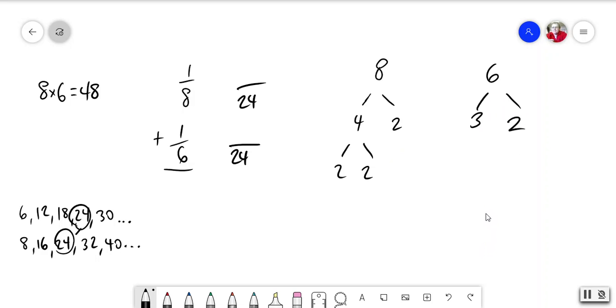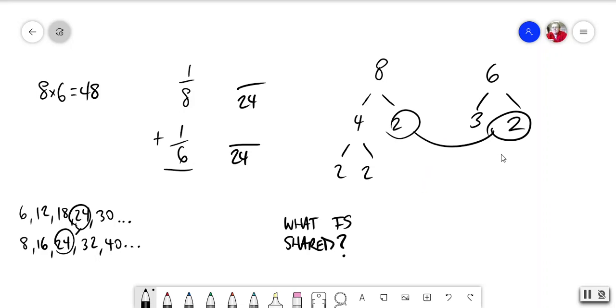Then we see what is shared. So I say 2 is shared, because there's a 2 at the bottom, and you're looking at the bottom of these trees, people. 4 is not at the bottom.